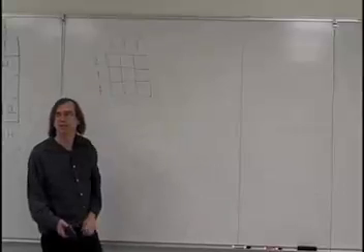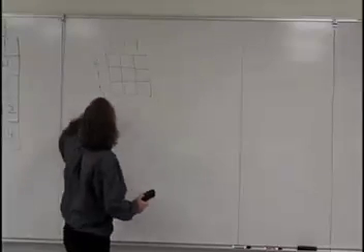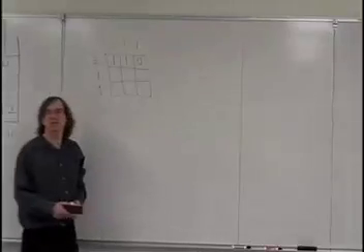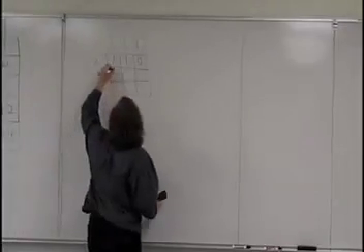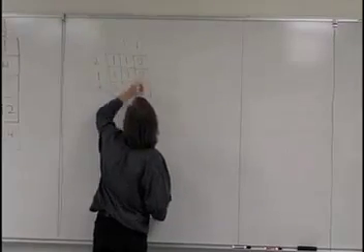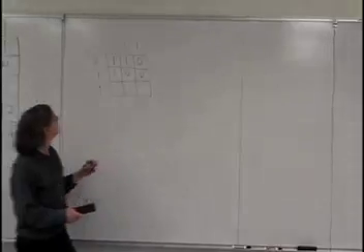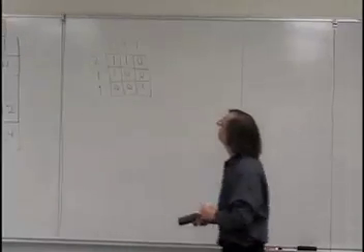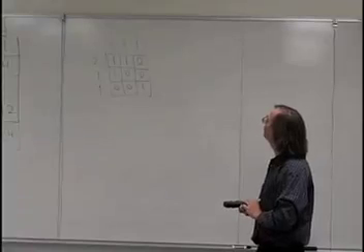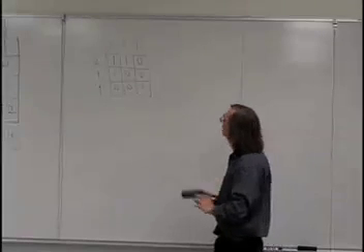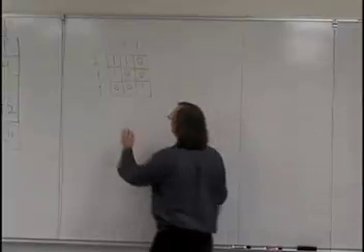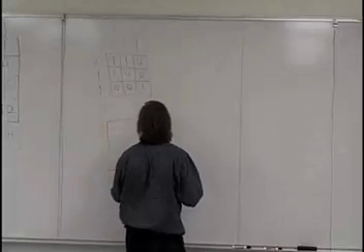So first row, 1, 1, 0. 1, 1, 0. 1, 0, 0. 1, 0, 0. 0, 0, 1. That works? Yeah, I think that gets the correct row sums and correct column sums. That's an example of it. Let's find as many of these as we can.